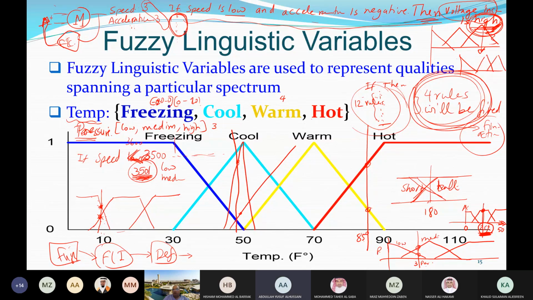So these four rules will be combined together in order to get the actual action here. In order to calculate the then part, the consequence part. This is called the precedent part, and this is the consequent part of the if-then rule.